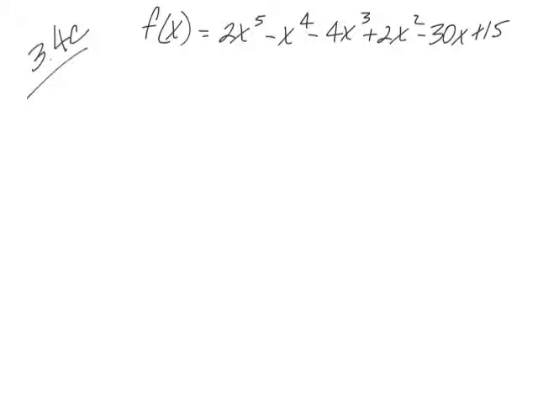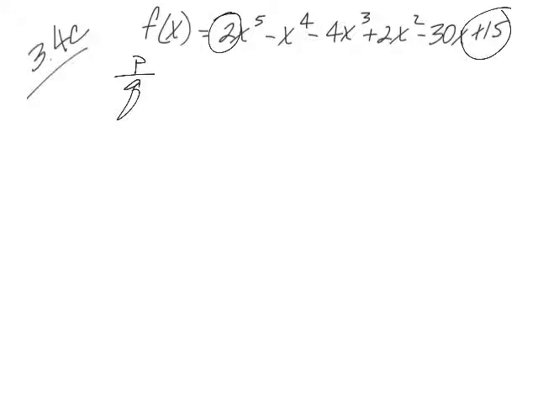So, a couple things from just past videos in 3.4. I know that I have at most 5 zeros, and I also know that any rational zero must be of the form p over q, where p is a factor of 15 and q is a factor of 2.